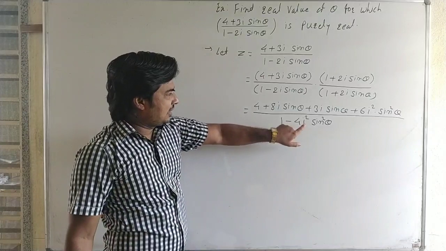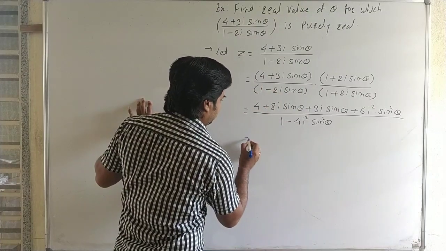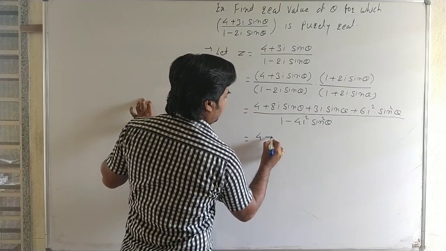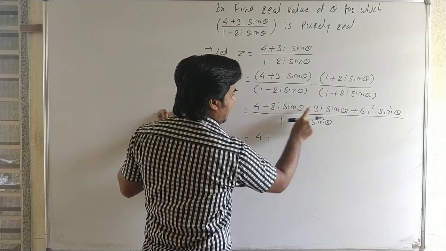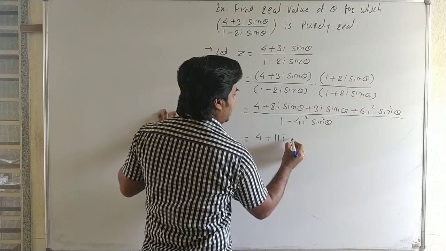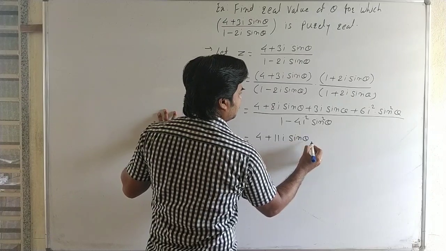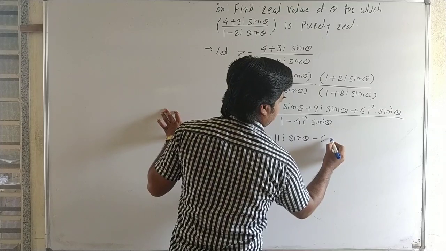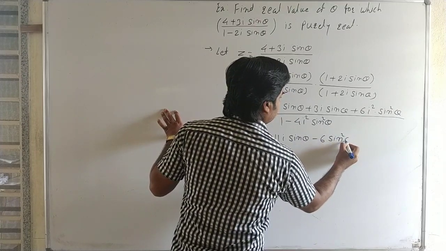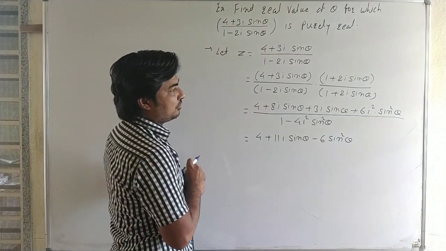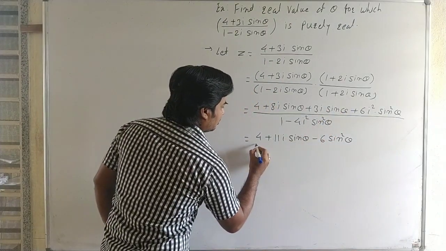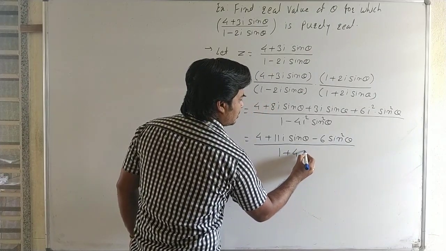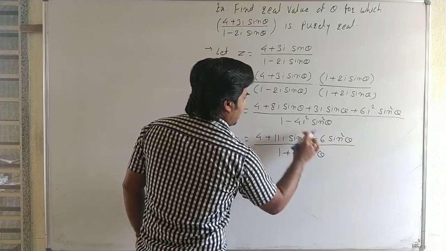Then we know that i square is equal to minus 1, therefore we can write 4 plus 8 and 3, 11i sin theta, and here minus 6 sin square theta, upon 1 plus 4 sin square theta, since i square is minus 1.